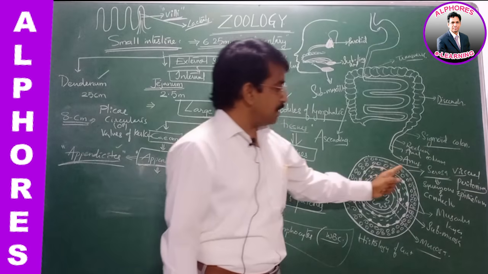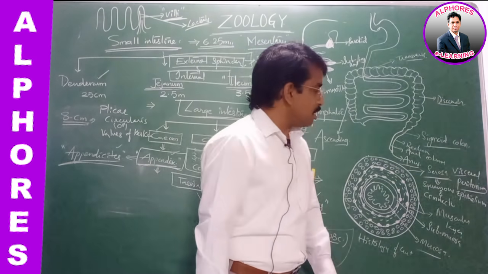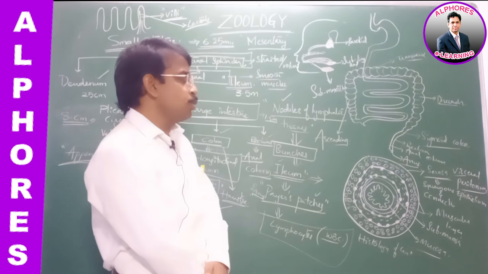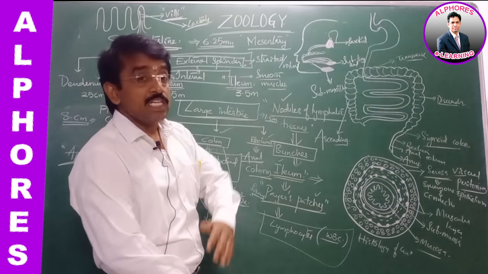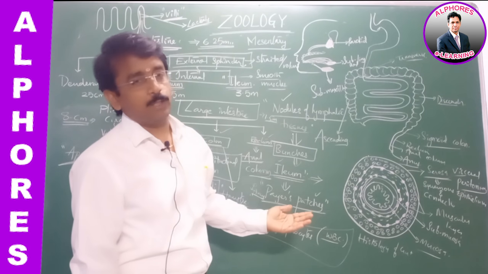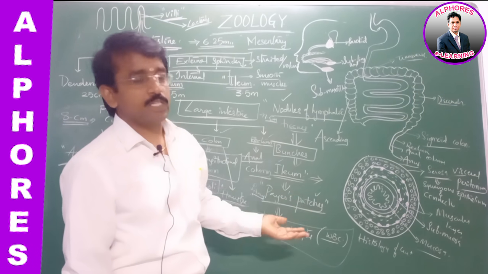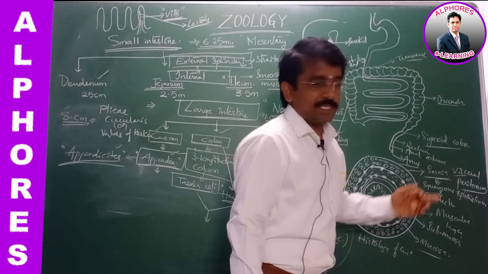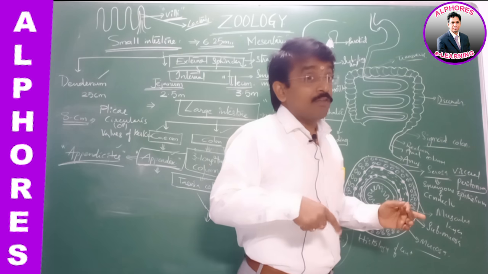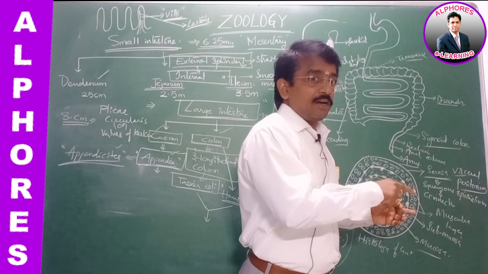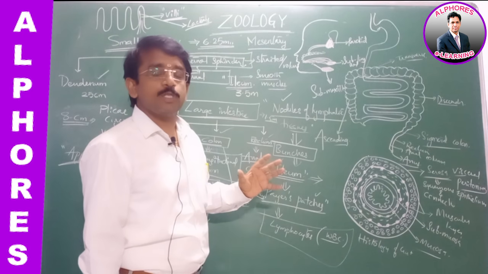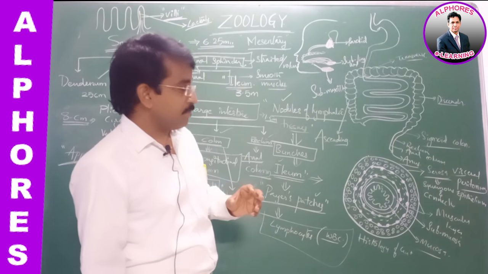In the case of the esophagus, the serosa or visceral peritoneum is absent. The reason is that the esophagus is present outside of the body cavity, outside of the coelom, so it lacks it. The coelom is lined by peritoneum. So as it is outside the coelom, the serosa or visceral peritoneum is absent in the esophagus.